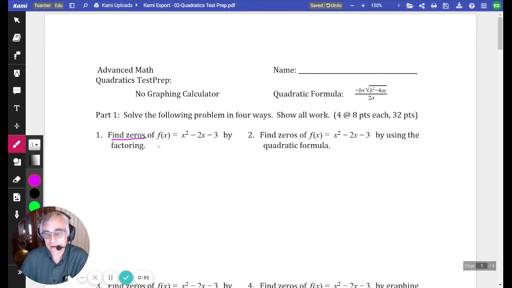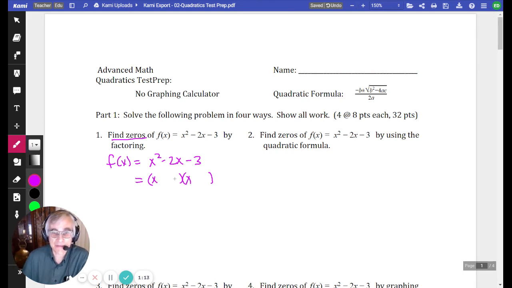To do this by factoring, we want to look at this function. Just rewriting the function in the question. And we want to think of it as a product of two factors. And the form of this, in the simplest case, is going to be an x leading term in each factor, and then we'll have a number, plus or minus a number, as a second term of each factor.